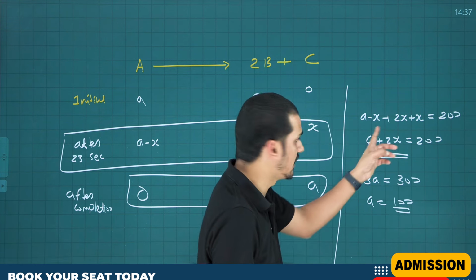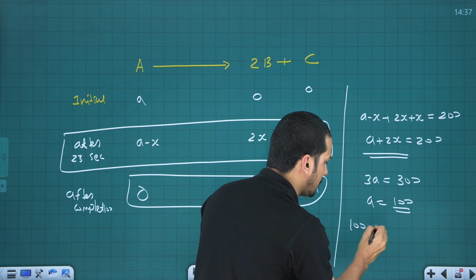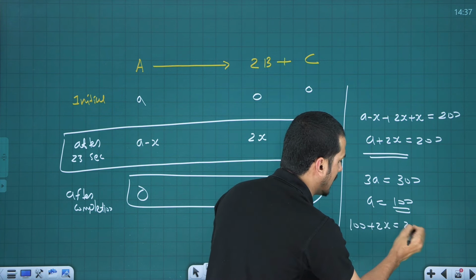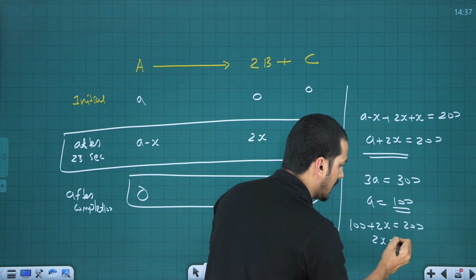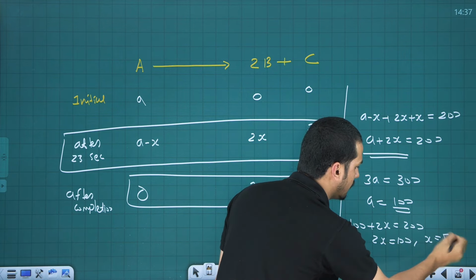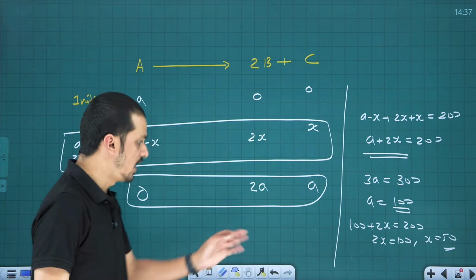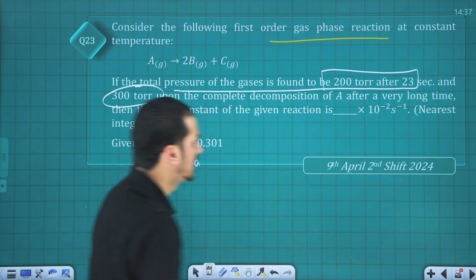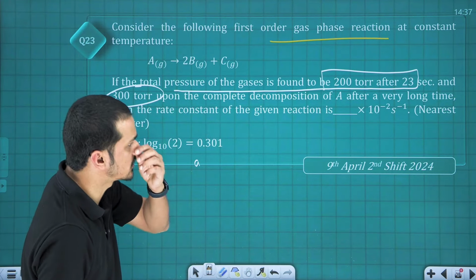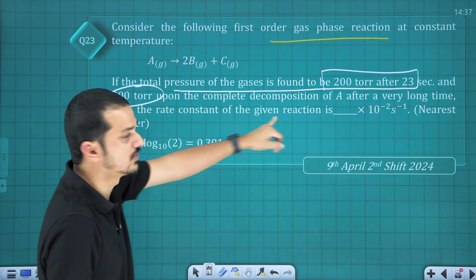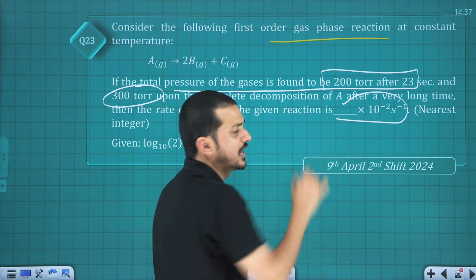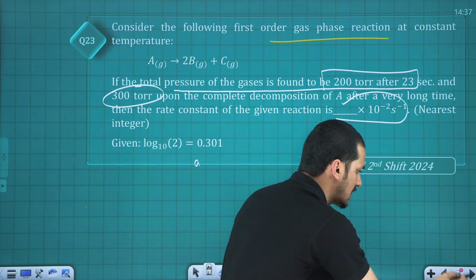If A equal to 100, this becomes 100 plus 2X equal to 200, 2X equal to 100, X equal to 50 I will get. Now, what's the question they are asking, dears? The rate constant of the given reaction into 10 raised to minus 2. So that rate constant they are asking.